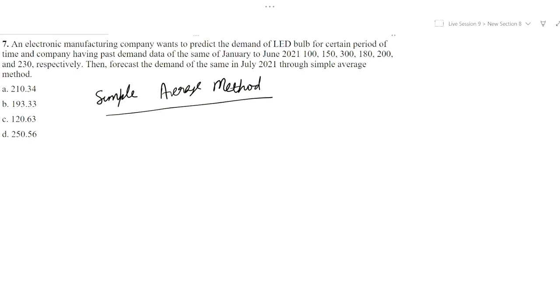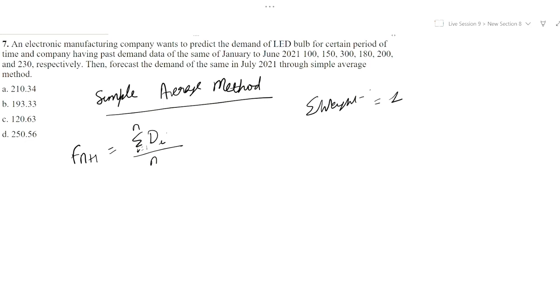Now here, simple average method, we know that Fn is equal to the summation of the demands by the number of demands. So here, the sum of all the weights, as we know, is equal to 1.